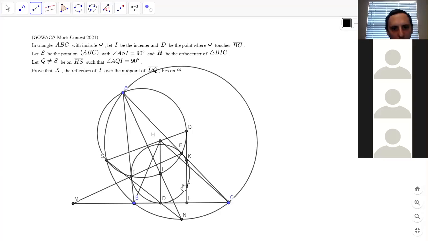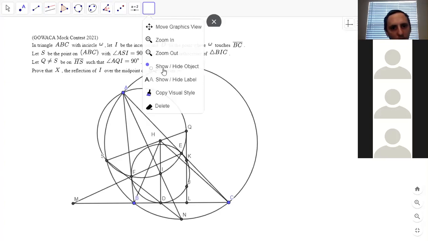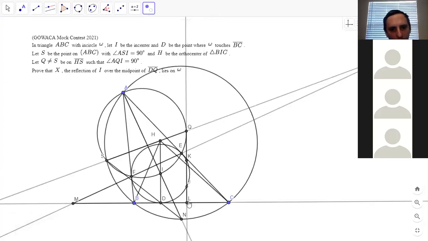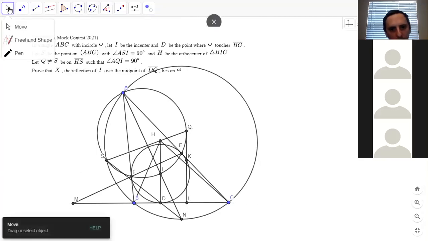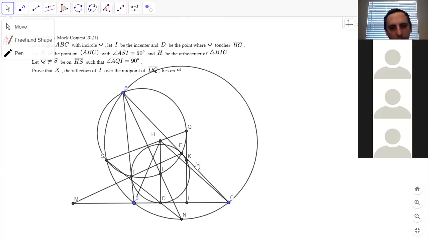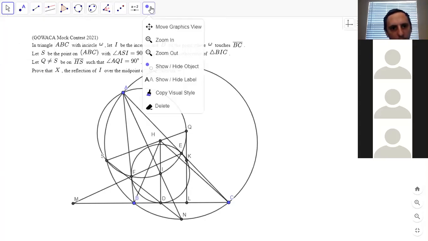So delete point J and L. Hide or delete. Okay, just K is the point. Do you want me to keep point L? No, we don't need that. Actually, we can hide the line also. So just draw QK, I guess, right? Yeah. Okay.